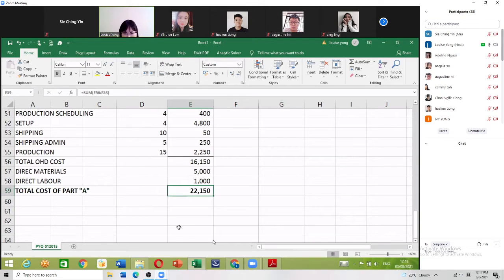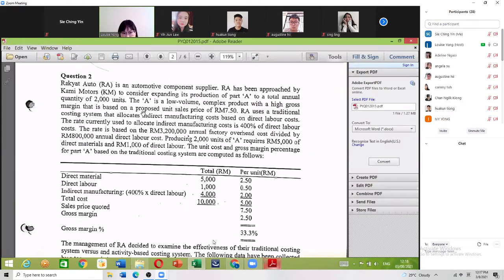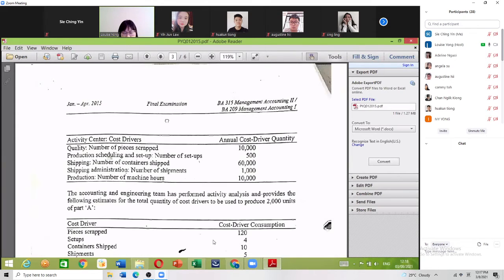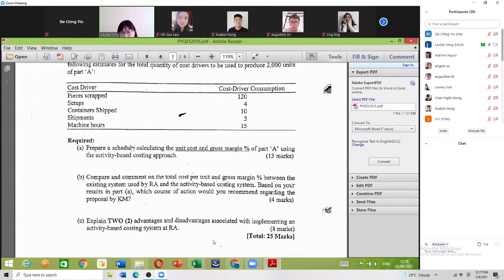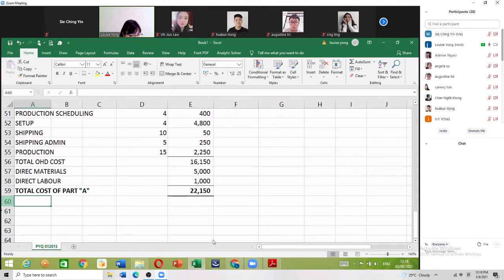Okay, what is the question asking? Look back at it. The question says: Prepare a schedule, calculate the unit cost and the gross margin percentage. Okay, so the unit gross here. What will be your cost per unit?